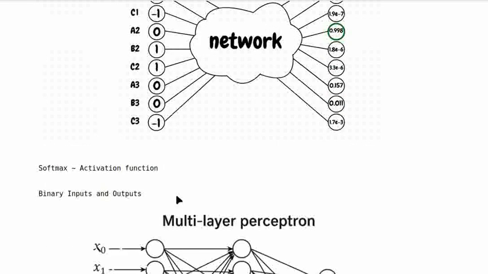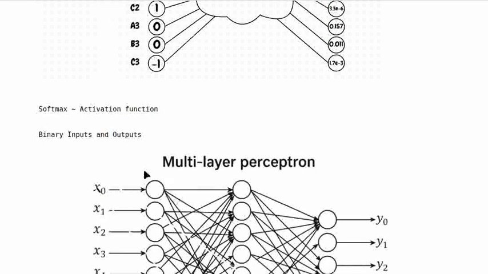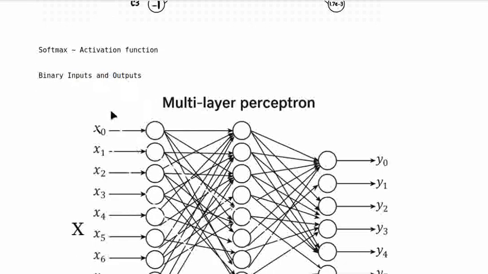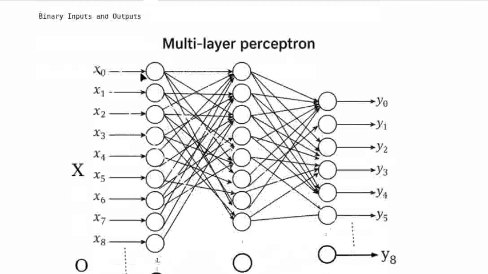And since we want to reuse the programs we have written to train the binary full adder or the exclusive OR gate, we want to keep the inputs and outputs to be binary. So we'll use a design like this.